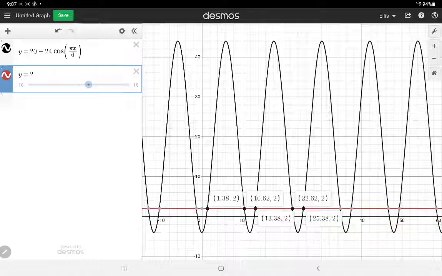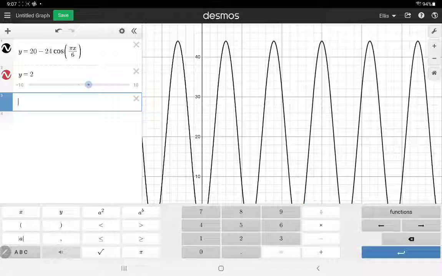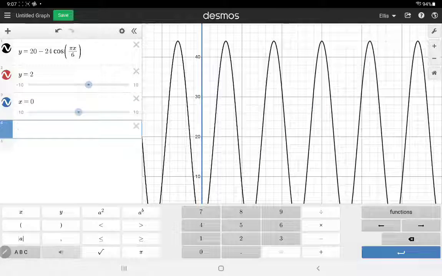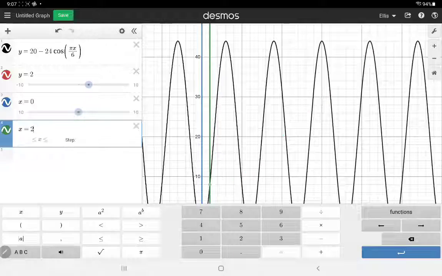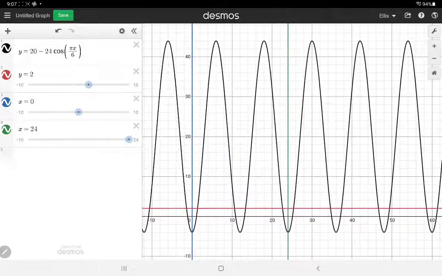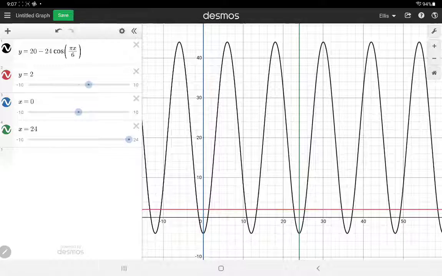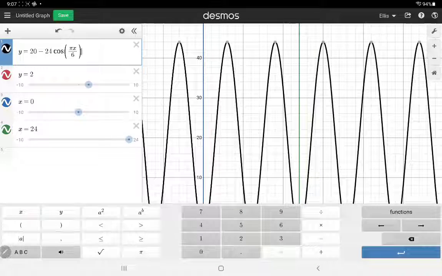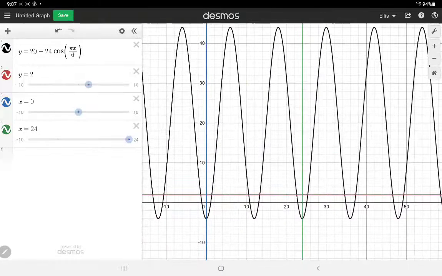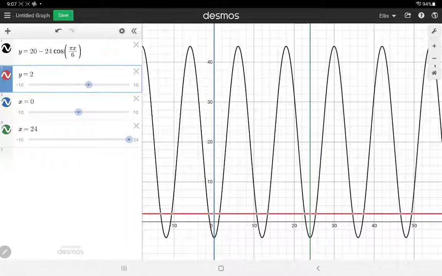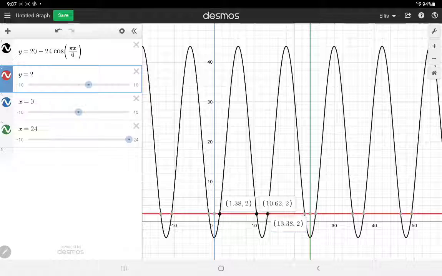But remember, we're only interested between when x is equal to 0 up to x is equal to 24. This is the region that we're actually interested in. If it's outside of this region, we're not actually interested. I might even show that by putting a domain on my function, but I'm not too stressed about it for today. So now all I need to do is figure out what these intersecting points are.